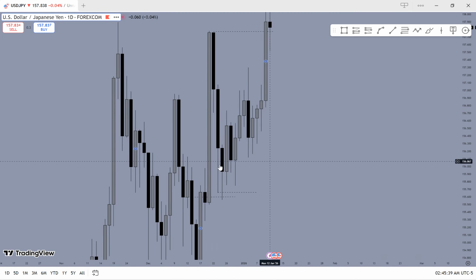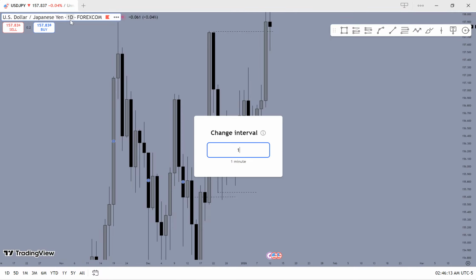But let me check if there was an entry before the market reached the target. We already had the first reversal right here, and we know the market is heading up because the bias is bullish, we are reacting from a key level, and we are also sweeping a range. So until the market reaches the target, I will not look for any sells. I will just continue looking for buys. So I did not catch this first entry. I just looked for another entry on my 4 hours time frame.